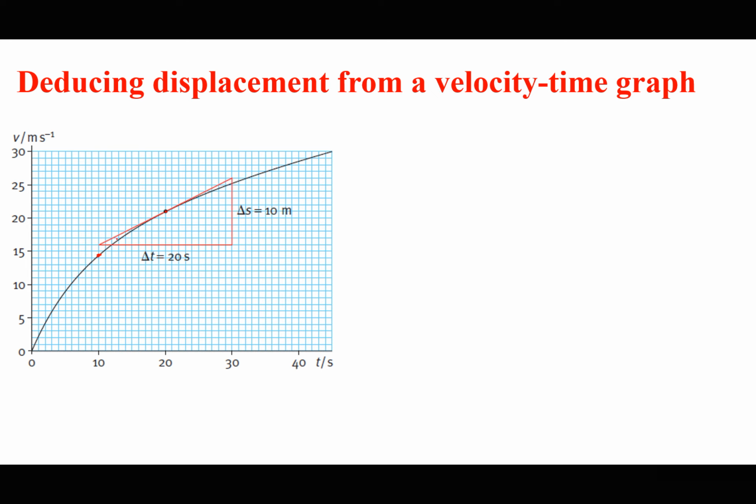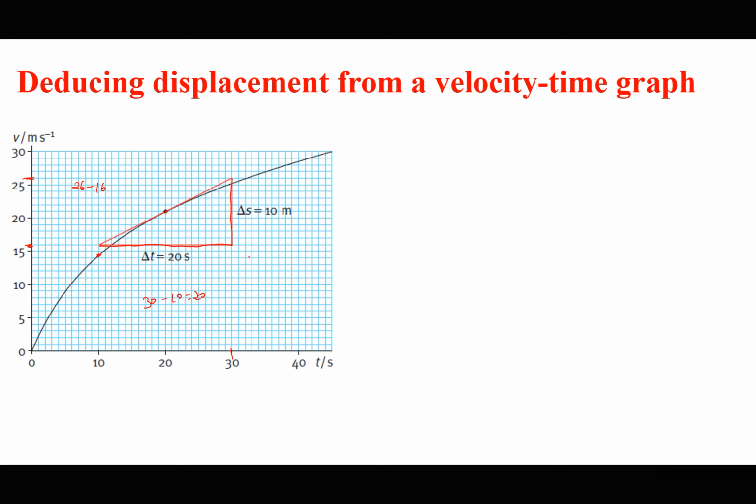So in this case, I drew a tangent at 20 seconds, and then I find the gradient of the tangent by drawing the right angled triangle, where on the horizontal I have 26 minus 16, which is 10. On the vertical I have 30 minus 10, which is 20.